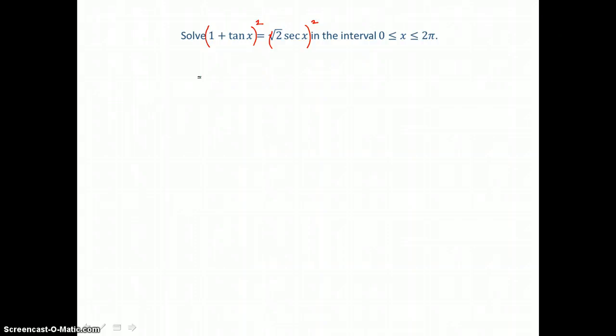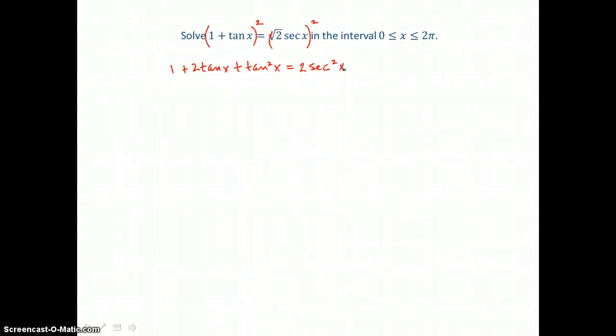So when I multiply that binomial to itself, I should get 1 plus 2 tangent x plus tangent squared x. And on the right-hand side, when I square the square root of 2, I'm just getting 2, and then I'm going to square secant x and get secant squared x.